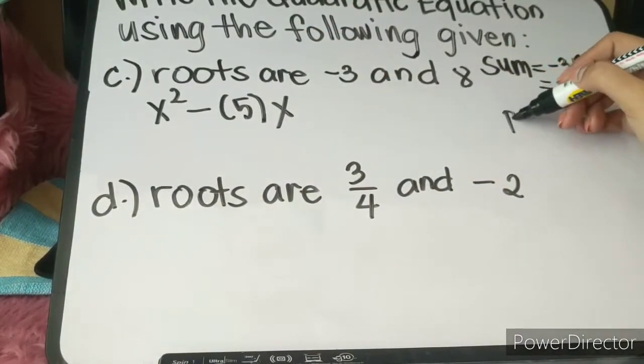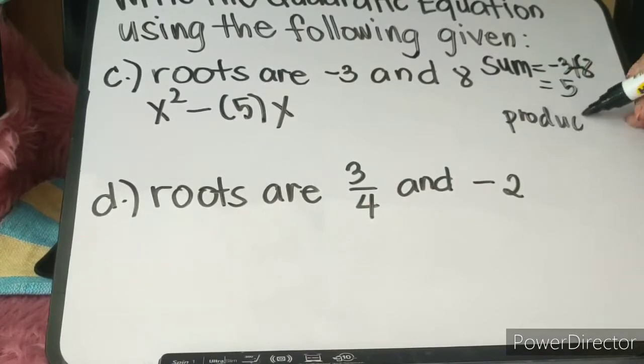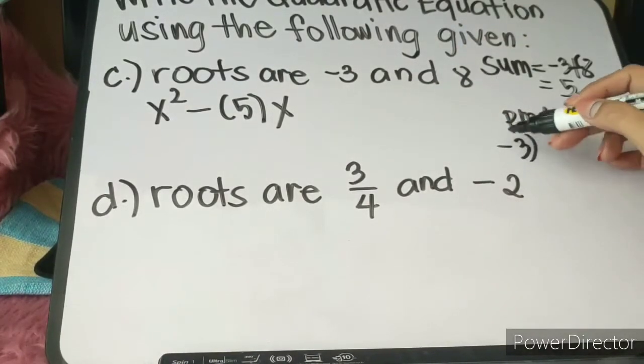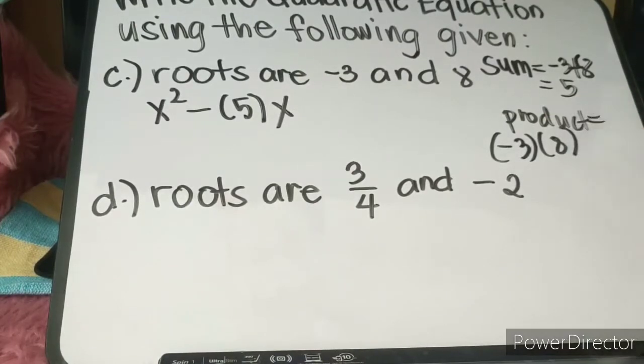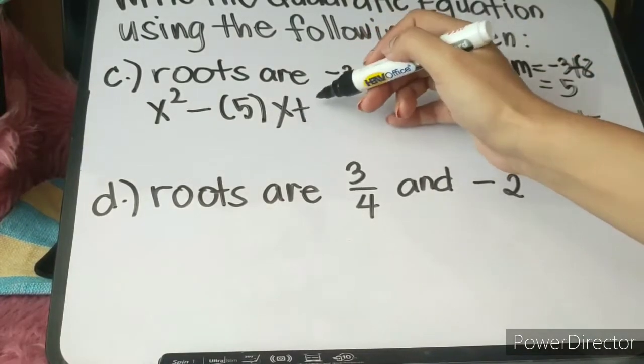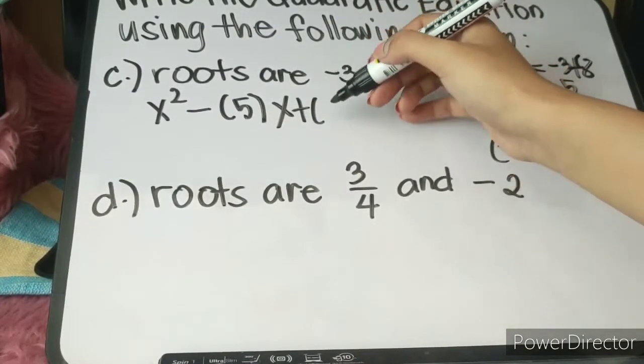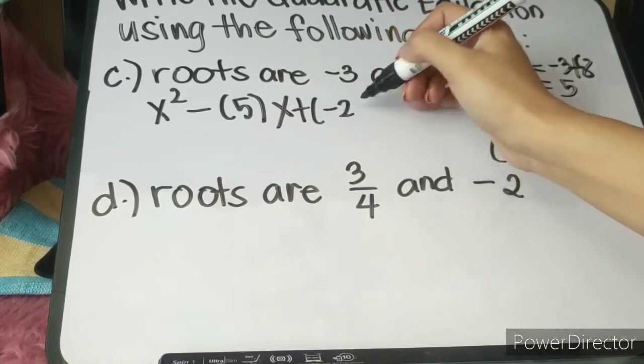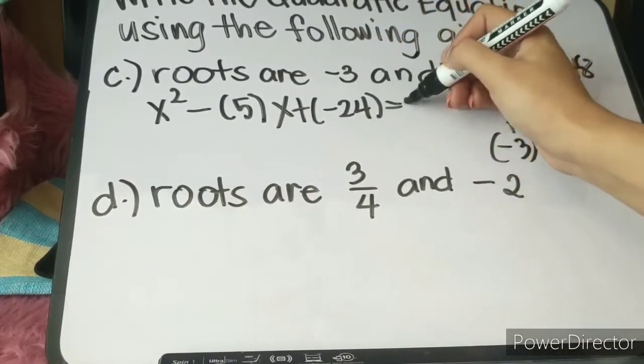And then, to get the product, ita-times natin. Negative 3 times 8. And that is negative 24. So, yun yung ilalagay natin sa plus product. Ano yung product natin? Ayan. Equals 0.